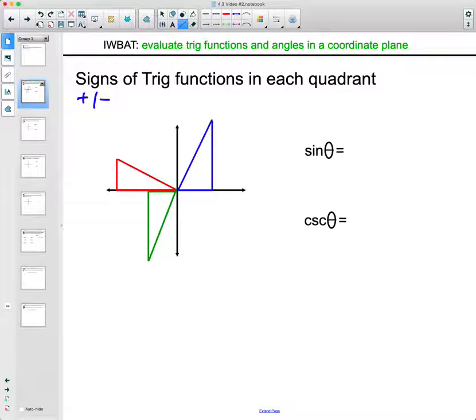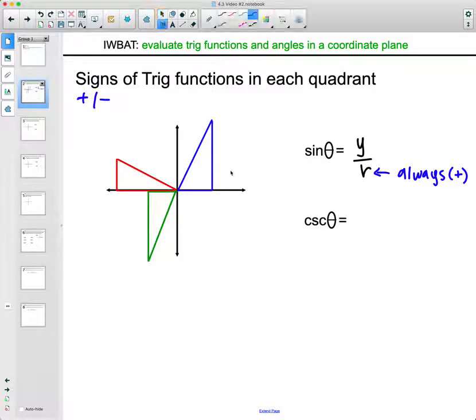So when we're thinking about this, you want to be thinking about how the functions are defined. Sine is going to be y over r. Let's take a look at when the sign is going to be positive or negative. The r value is always positive, so the sine function itself is going to be positive or negative depending on the y coordinate, which is the height here.